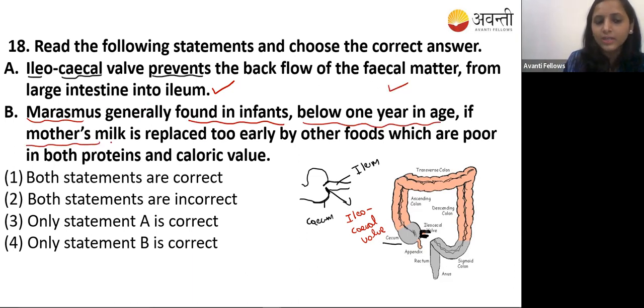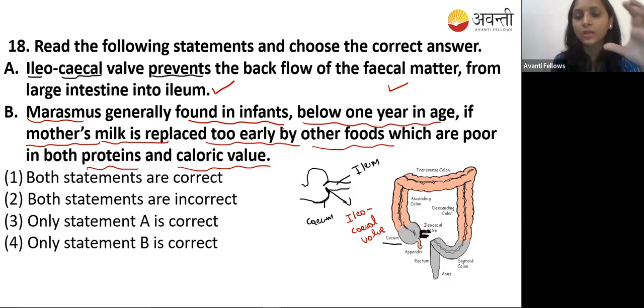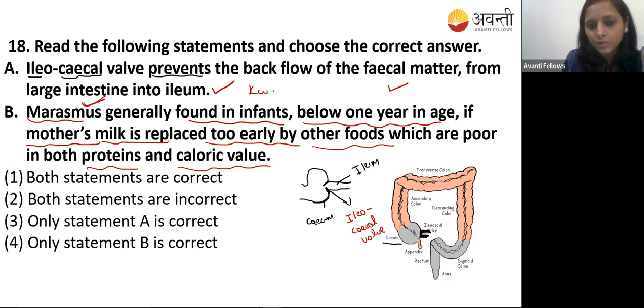When the mother's milk is replaced too early by other foods which are low in both protein and calories, the infant will get marasmus. So that is below 1 year of age. And coming to kwashiorkor, that is for above 1 year of age, where high caloric food is given.